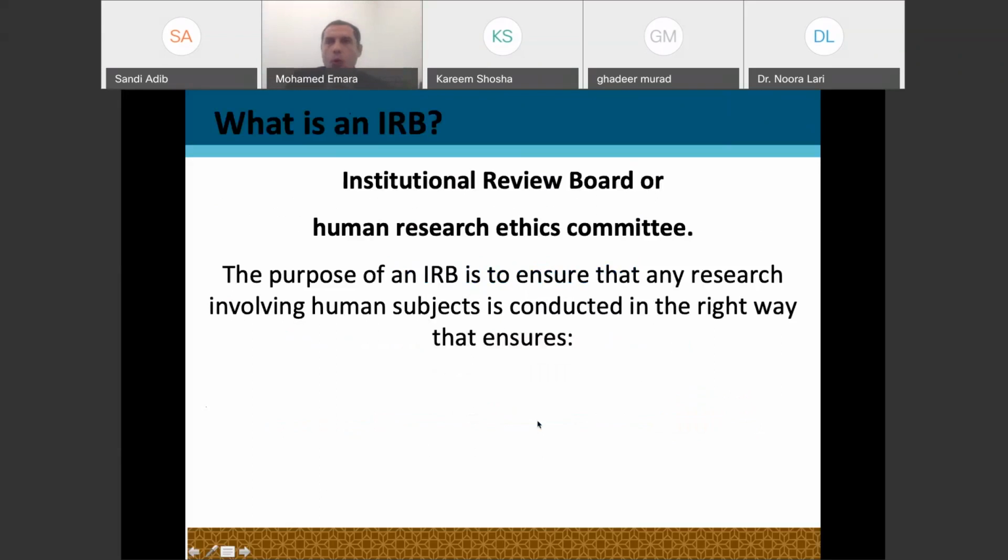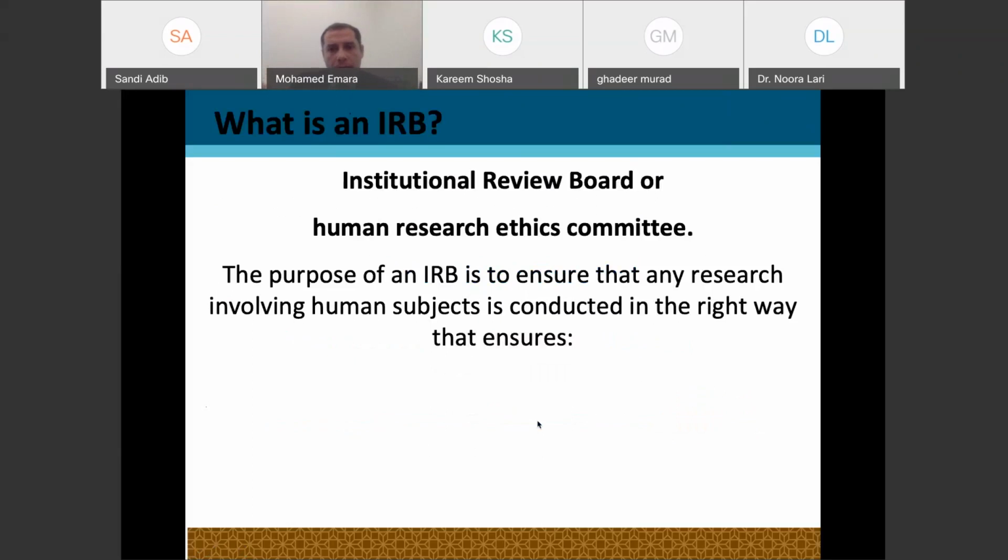Excellent. So what is an IRB? IRB is an abbreviation for Institutional Review Board, also known as a Human Research Ethics Committee. In some places you will find it under that name.